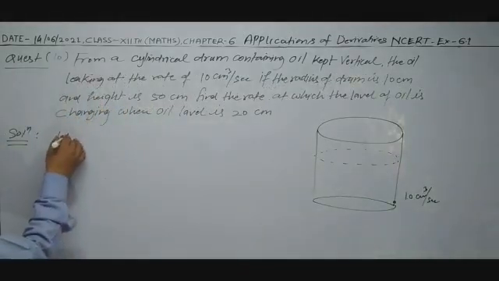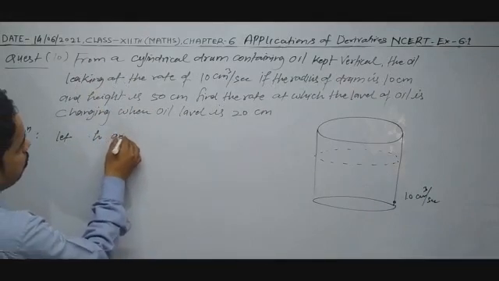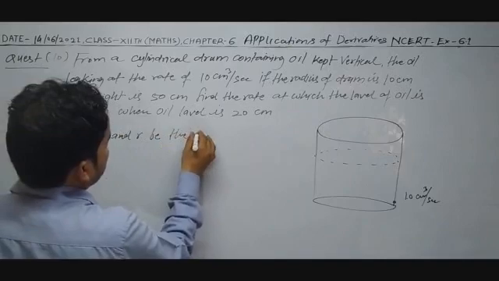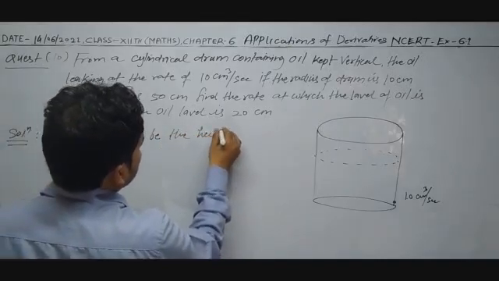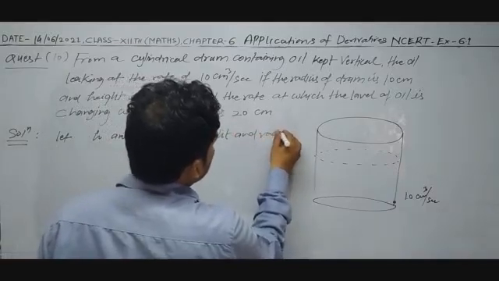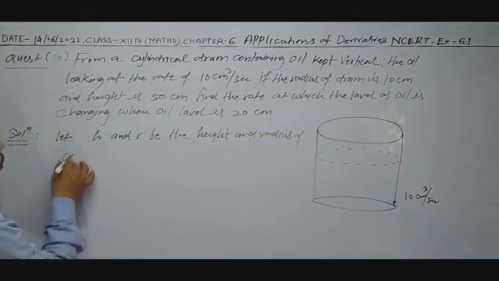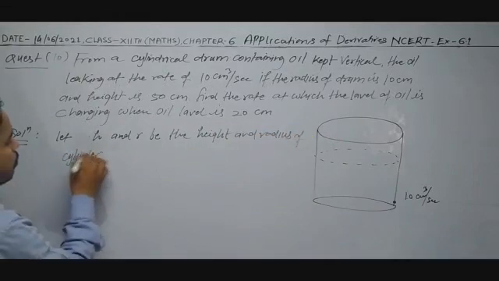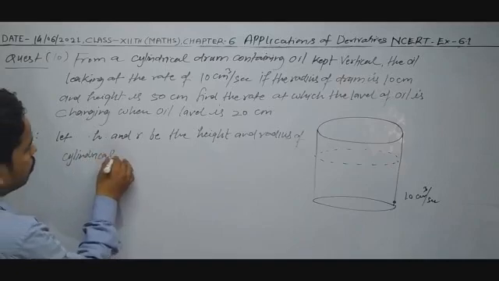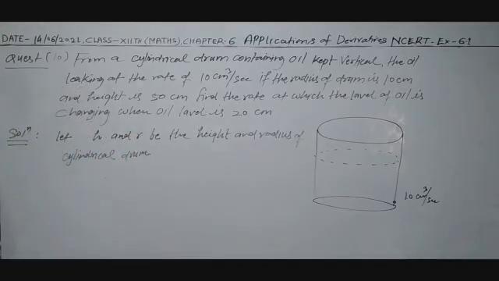Then let small h and r be the height and radius of the cylindrical drum.